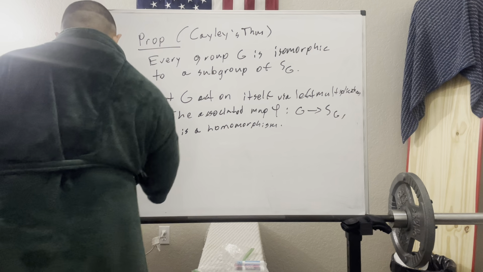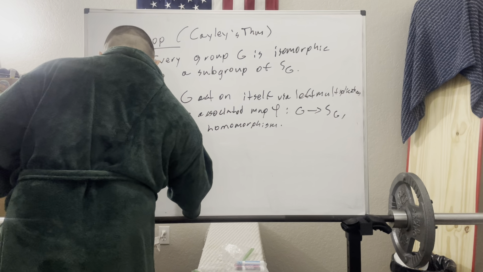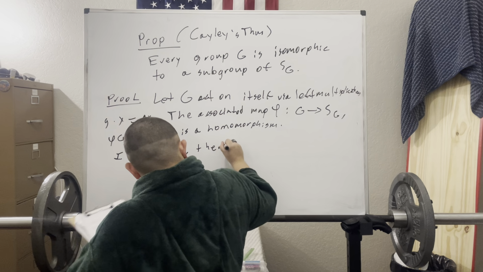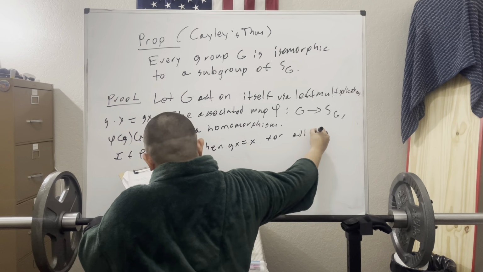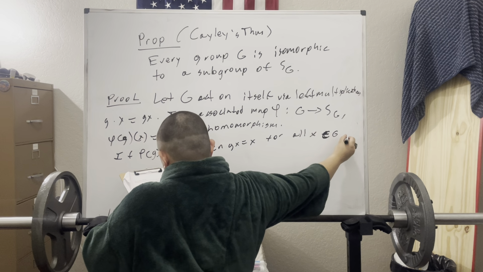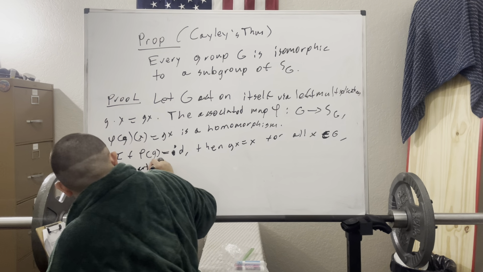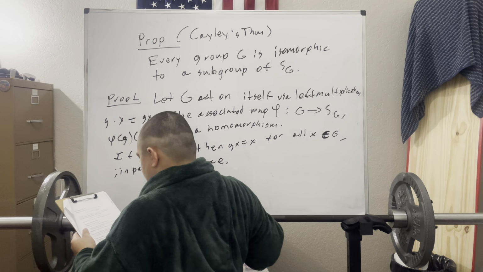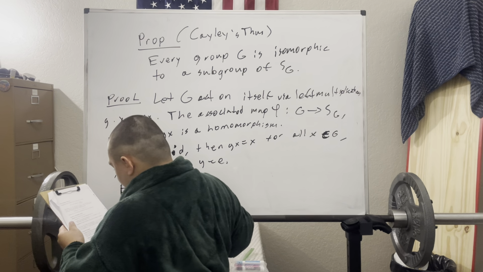If phi of g is equal to the identity, then gx is equal to x for all x within the group G. In particular, g is equal to the identity. Ergo, phi is injective.